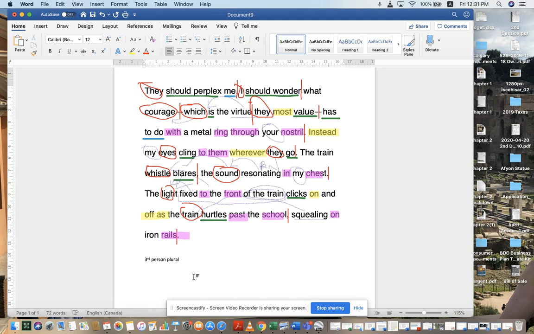So if we're looking at the context from the previous sentence, in our previous challenge, the author was talking about the present time, that there are these things happening now, and she used a lot of perfects in the previous example. That sets the stage for what the subjunctive is. If things have just been happening up until now, and they should perplex me now, and I should wonder now.